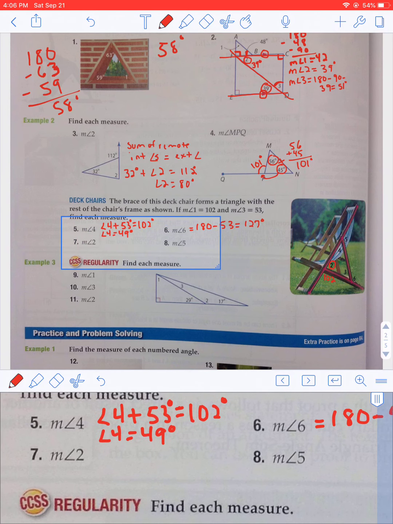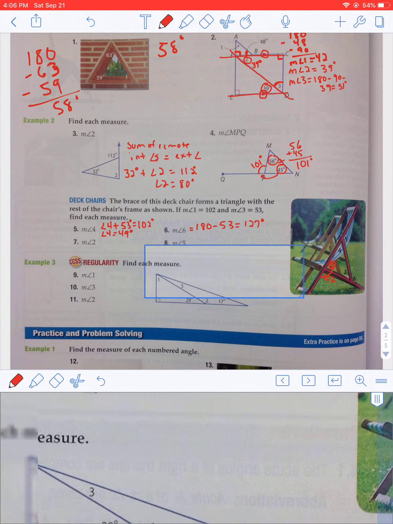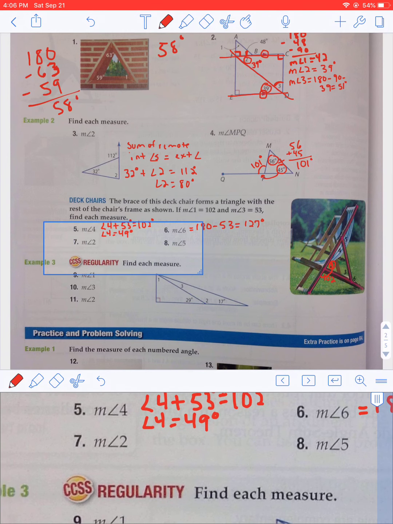Okay, again, you'll see from the picture that angles 1 and 2 are a linear pair because they're side by side and they're formed from a line. So we're just simply going to take 102 from 180, since they're a linear pair, and just figure it out. So it's going to be 78 degrees.